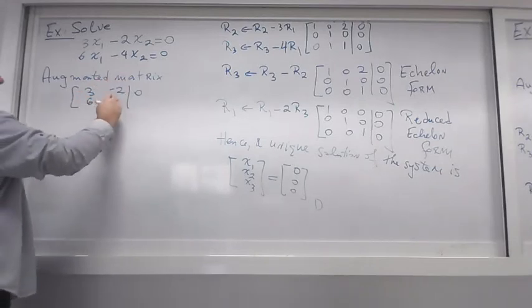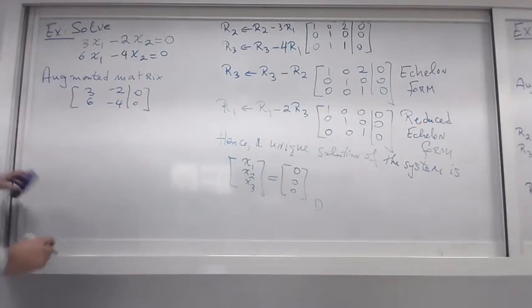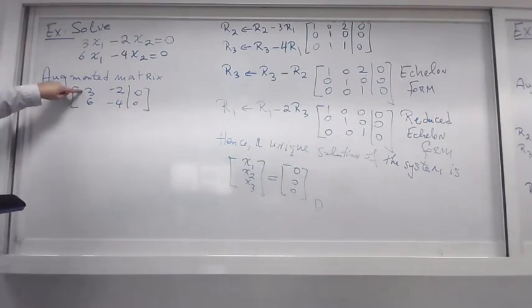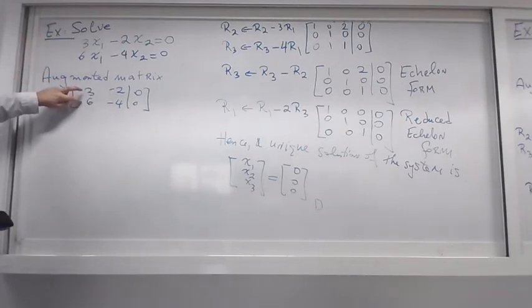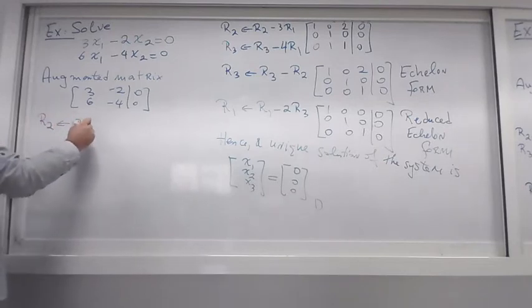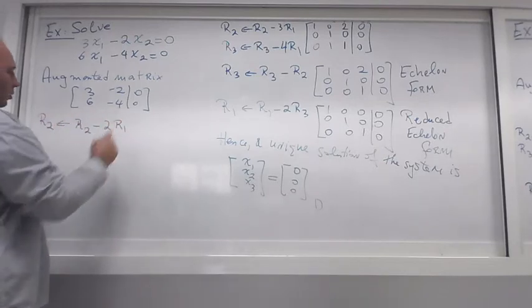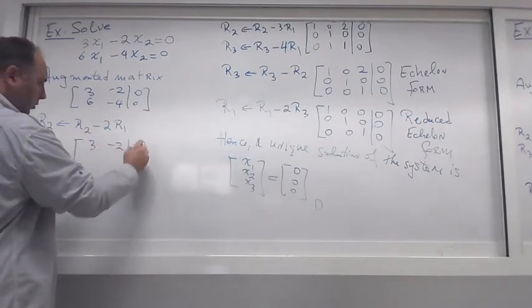The system has 2 equations. Well, that's what we do. Now, there's no point in me producing 1 here right now. I'm going to introduce fractions for nothing. I have a factor between these two, so I can exploit that. So all I do is row 2 replaced by row 2 minus 2 times row 1. Do that, miracle happens.